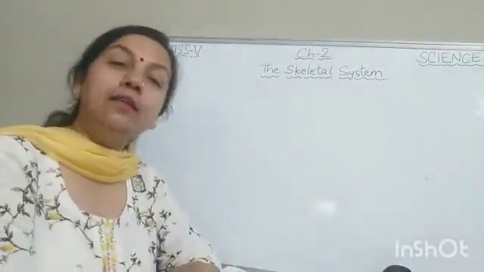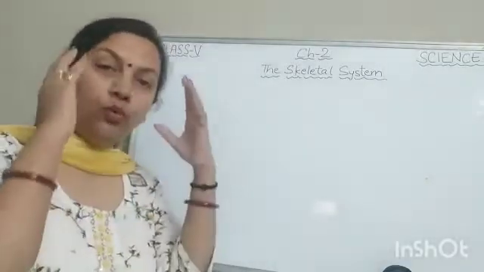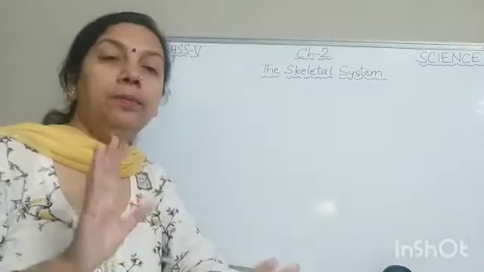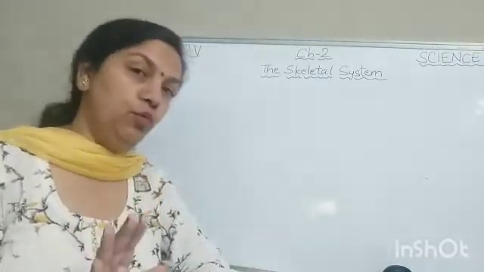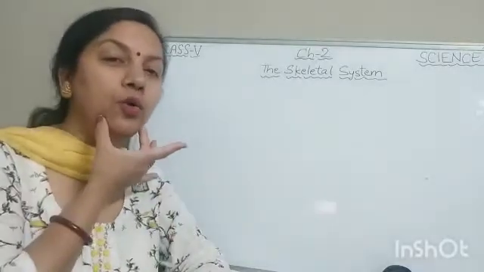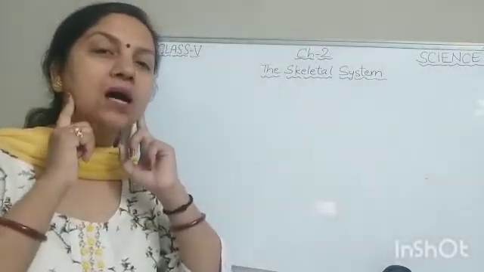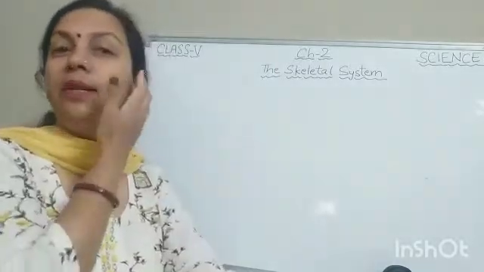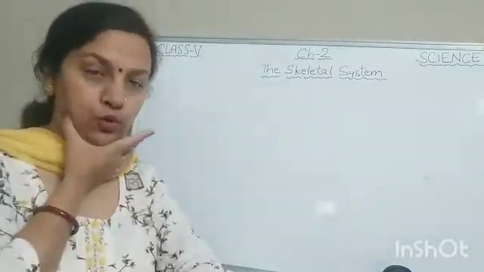Children, another fact is all the bones of our skull are immovable, meaning they cannot move, except the bones of our lower jaw. This can move. So all the bones are immovable except the lower jaw.